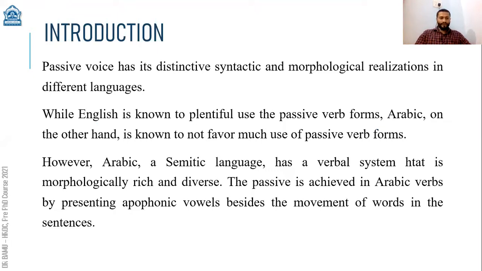However, some of them use that syntactically on the level of the sentence, and some of them also have changes in their words as well. So, for example, English treats passive from the syntactic viewpoint, while Arabic treats it on more than one level, on the syntactic level as well as the morphological level.